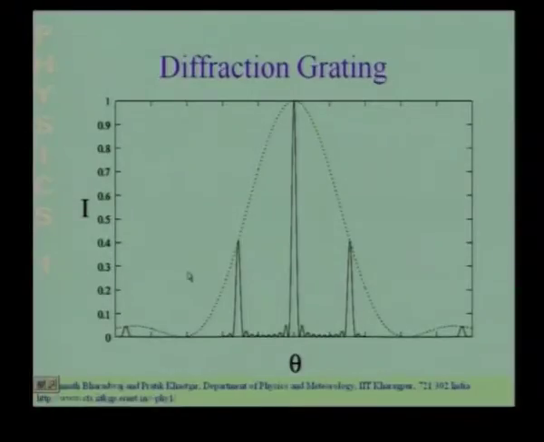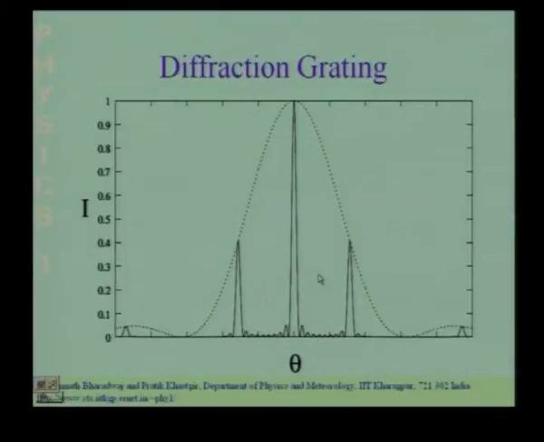But if you take into account the fact that each slit has a finite width, then this gets multiplied with the diffraction pattern of a single slit, which is a sinc square function, and this causes the intensity of the higher order maximas, that is m equal to 1, 2, 3, to become progressively fainter and fainter, which is what you see over here. So, this is the intensity pattern predicted for a diffraction grating.